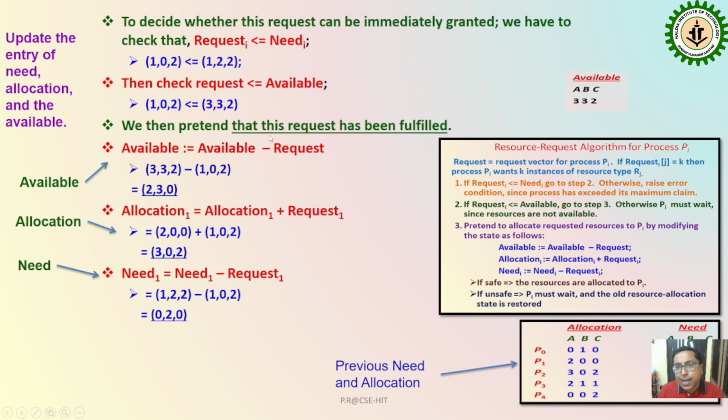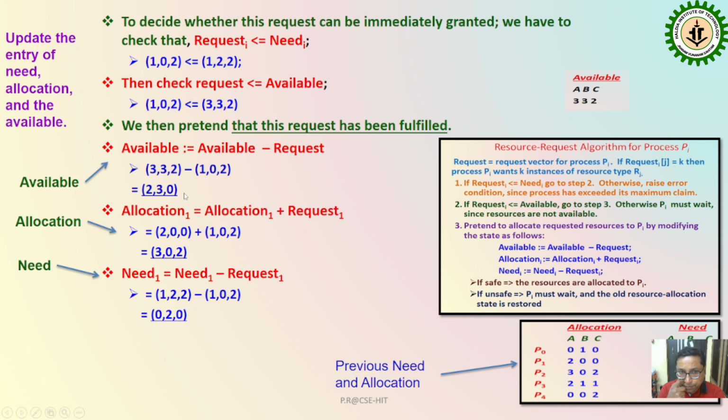Then we pretend that this request has been fulfilled. So right now, what is the Available? Available is equal to Available minus Request. That is 332 minus 102. What is 102? The Request. So it becomes 230.